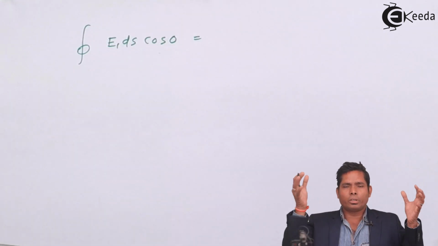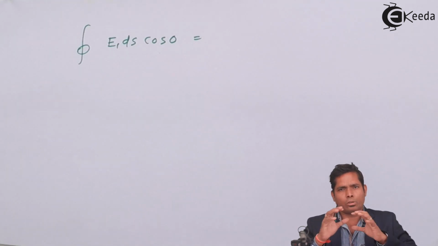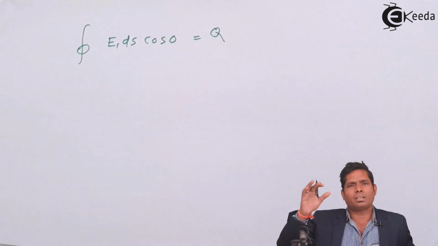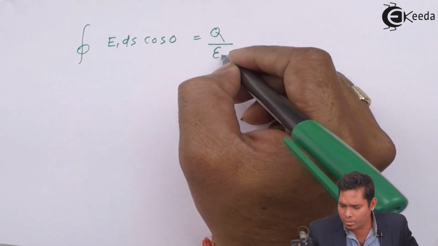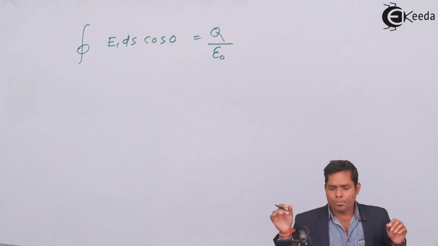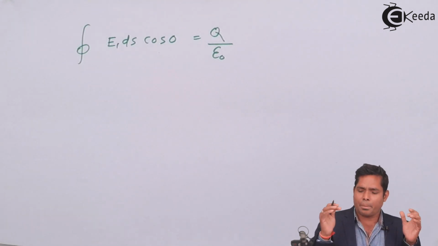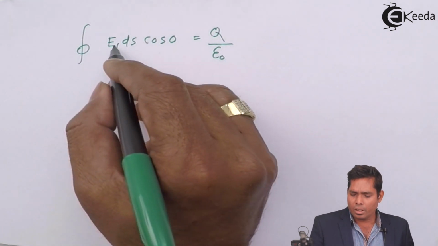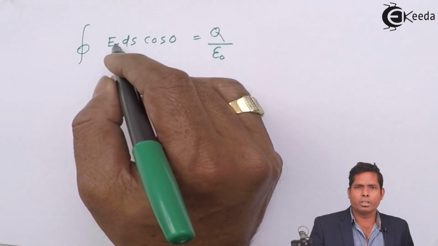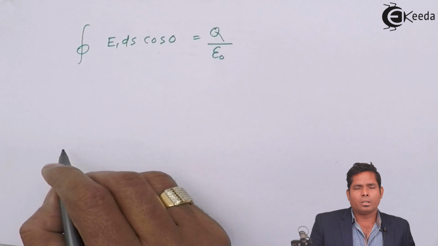The total charge enclosed within the Gaussian surface is q, because we have given charge q to the sphere of smaller radius r by 2. This closed Gaussian surface is a sphere of radius capital R. E1 is constant in magnitude, because the points are equidistant from the center.